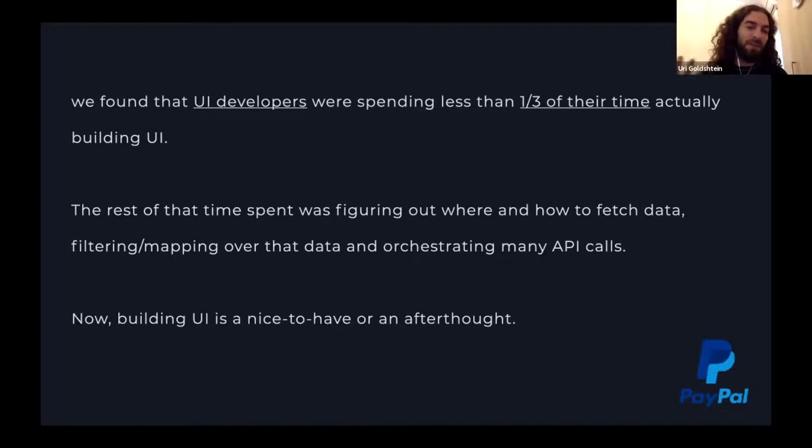Back then, building UI was a nice to have or an afterthought. And when we started working with them on GraphQL on the client, if we put aside all the overfetching and the benefits that people usually talk about with GraphQL, what we actually helped them do is automate two thirds of the work that they're actually doing.